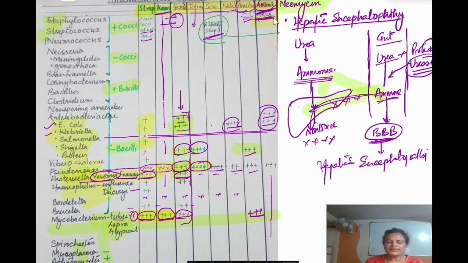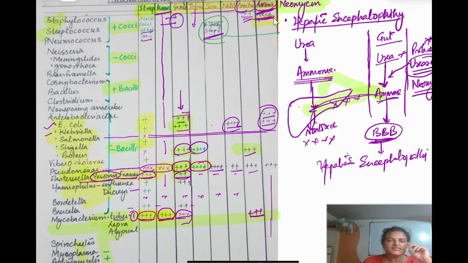Now what does neomycin do? If you put the patient on neomycin, it kills the urease producing microorganism, so urea will not be converted into ammonia. This is one way.